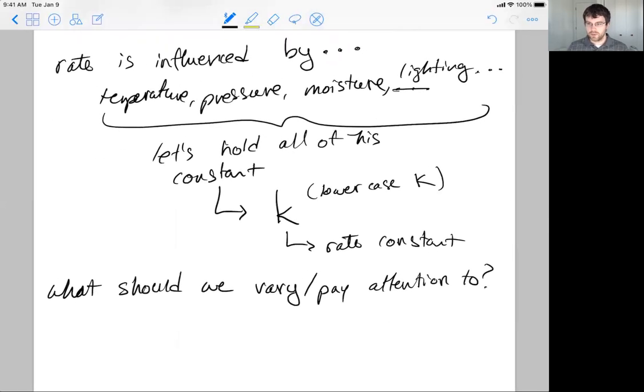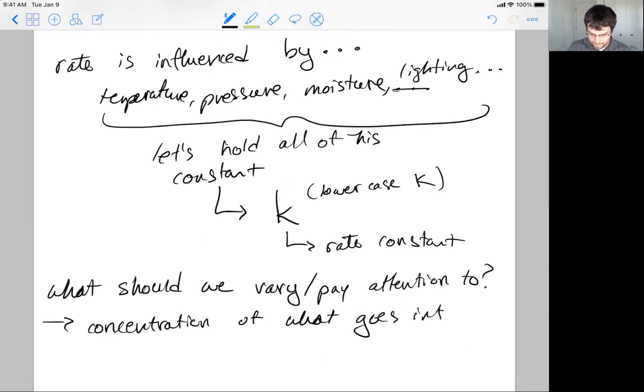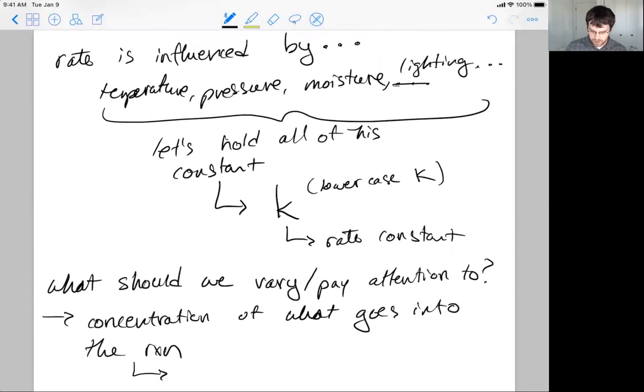In general, it's the concentration of what goes into the reaction. In particular, it's the reactants.